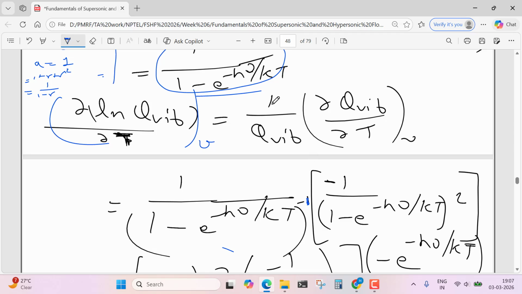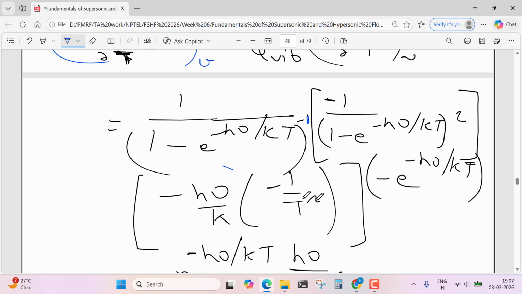It is equal to 1 upon Q vibration, which is nothing but 1 minus e to the power minus h nu upon kT to the power minus 1, and its differentiation will be minus 1 upon 1 minus e to the power minus h nu upon kT whole square, into minus e to the power minus h nu upon kT into minus h nu upon k into minus 1 upon T square.